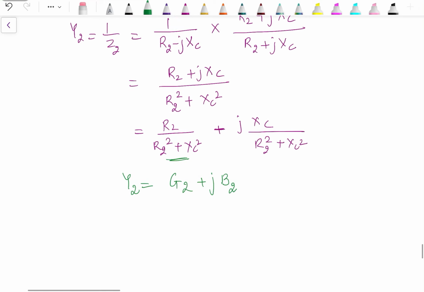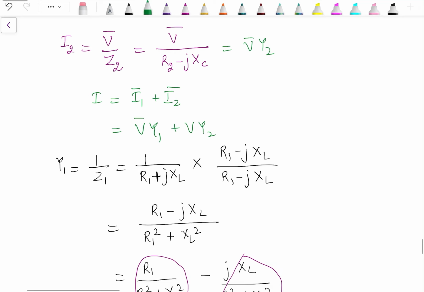So this is how the susceptance and conductance are different. So total admittance Y: here we had written that I is equal to V into Y1 plus V into Y2, and we can write this I is equal to V into Y equivalent.